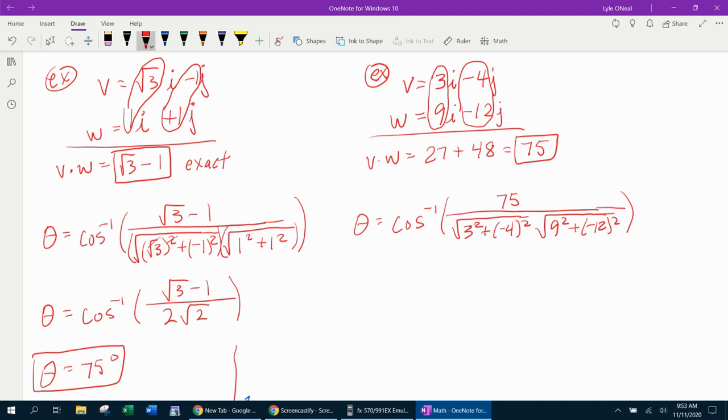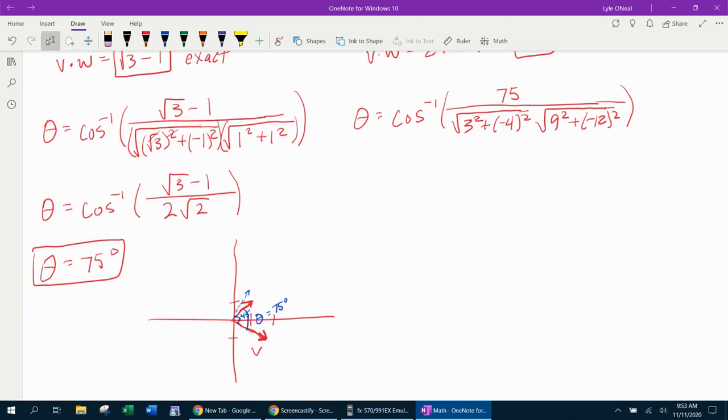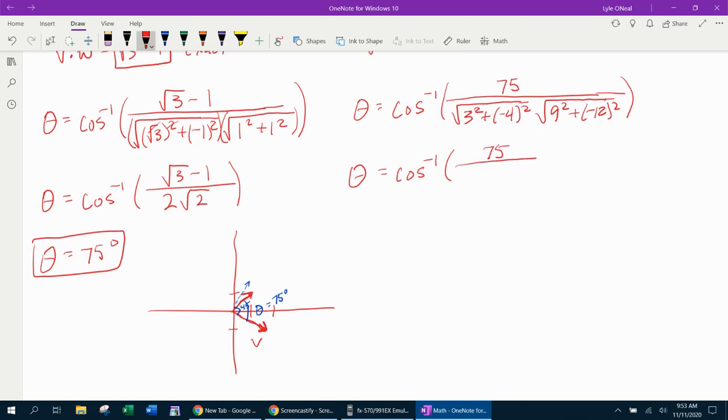And then we need to simplify. So let's scroll up a little bit. And we're going to have the inverse cosine of 75 over, so the first radical is going to be the square root of 25, which is 5. The second radical is going to be 81 plus 144, which is 225. And I know the square root of 225 is 15.